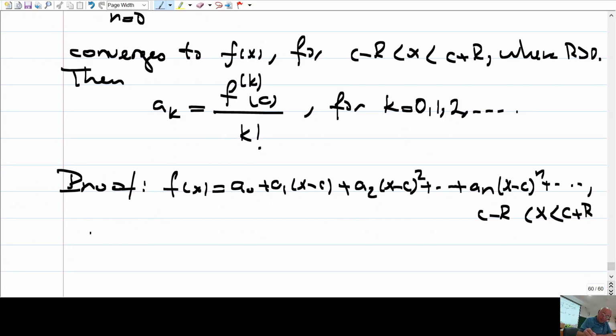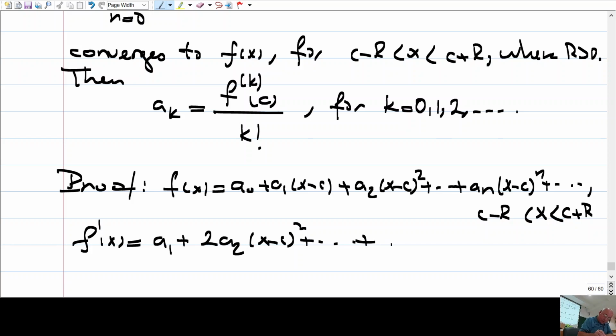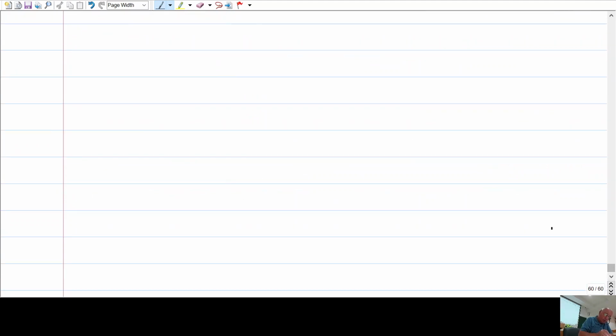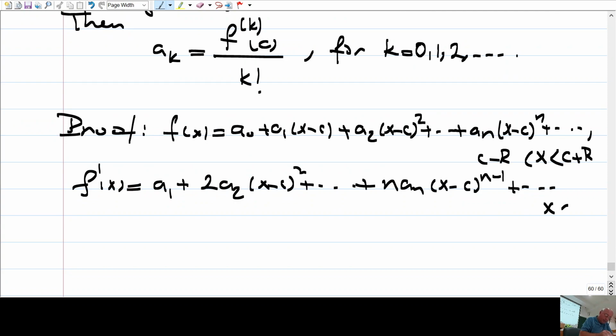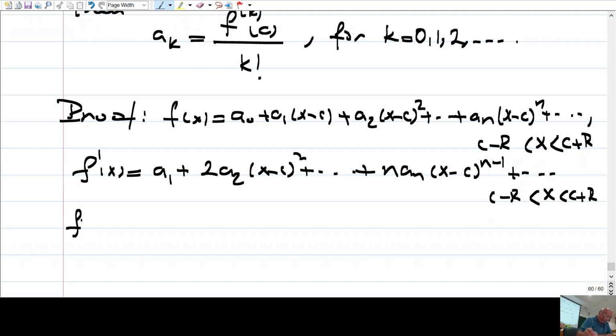If this is the case, then its derivative is just a1 plus 2a2 x minus c and so on, plus n times an x minus c to the power n minus 1. This is also true for all x between c minus r and c plus r. I can take the second derivative. What will be the second derivative?